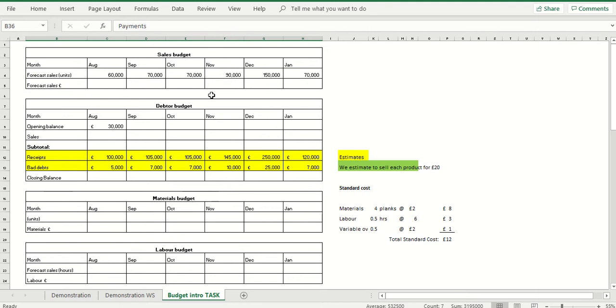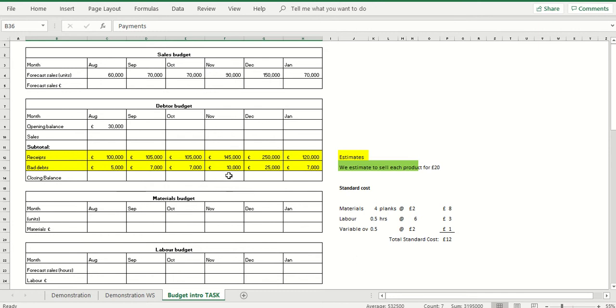A really important thing to appreciate when you create a budget like this is that the sales budget is the driver. What is meant by that is that the sales budget helps drive the values in each of the other budgets.